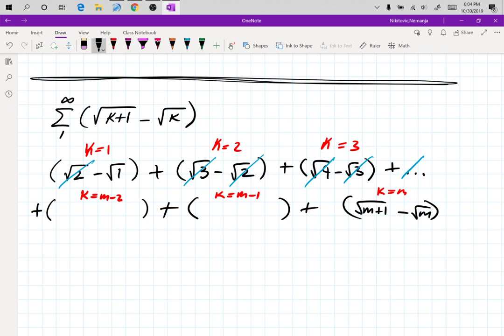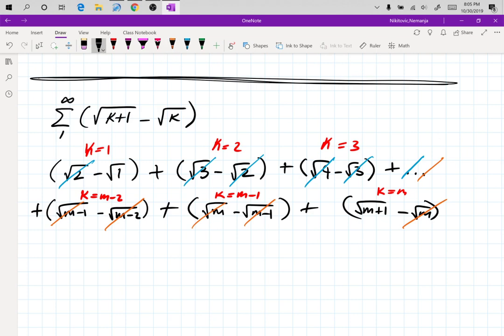So now when you're subtracting 1, it's going to be root m minus root m minus 1, root m minus 1 minus root m minus 2, and so on. When you cancel these, root m gone, root m minus 1 gone. You have the parenthesis that cancels both. So now you'll have that one cancel in there.